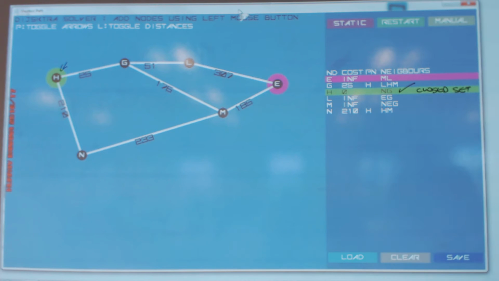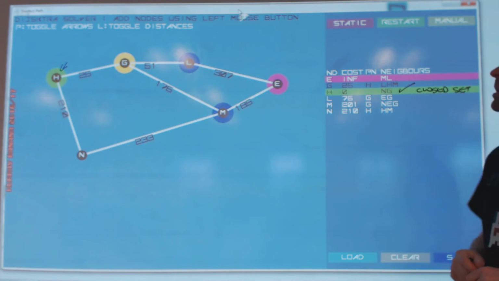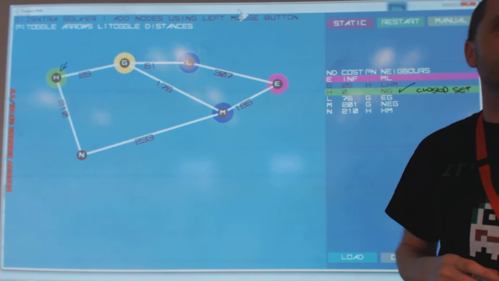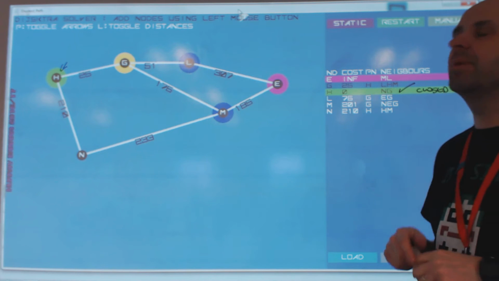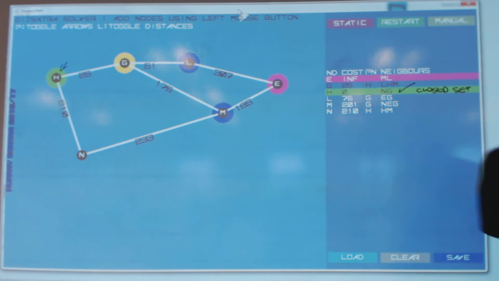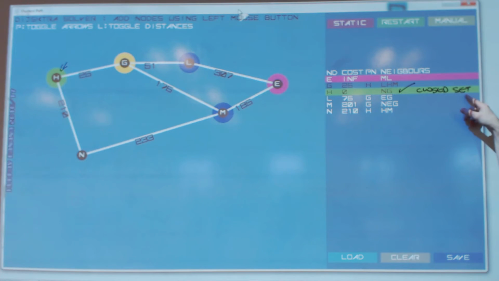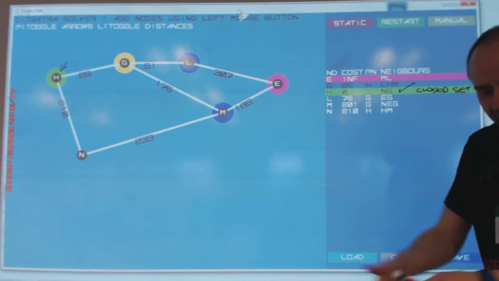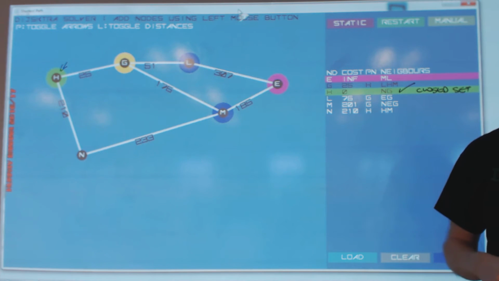So when we iterate this time, we pick G, and we look for its neighbours. H is a neighbour of G. Everyone see that? But I haven't bothered picking it, and the reason is because it's in the closed set. We're only interested in nodes that we haven't physically been to. What was the closed set again?